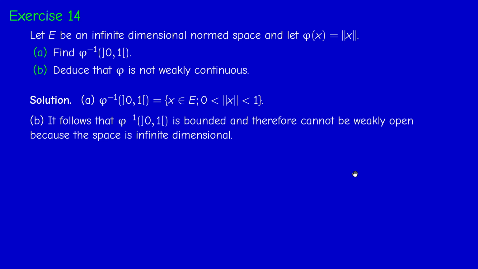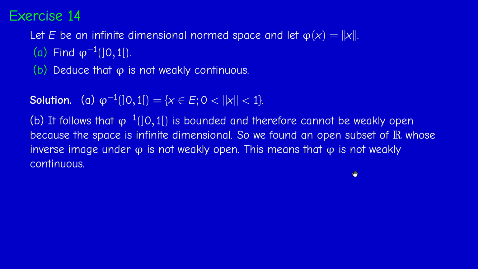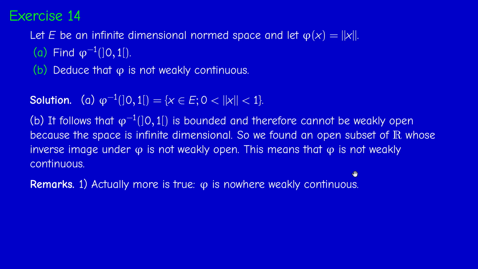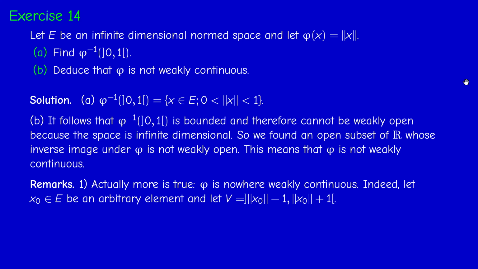Okay, so, however, there are some remarks that I have to end with. We can prove more by the same reasoning. Phi is nowhere weakly continuous. Saying that phi is not weakly continuous means that there is a point where it is not weakly continuous, but actually you can prove that phi is nowhere weakly continuous. Why? Same reasoning.